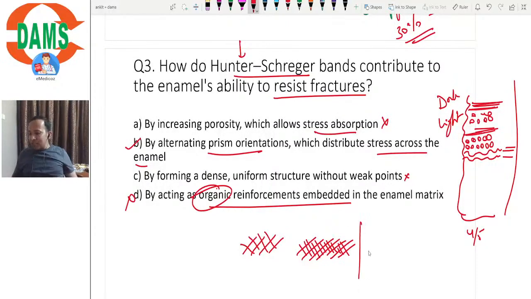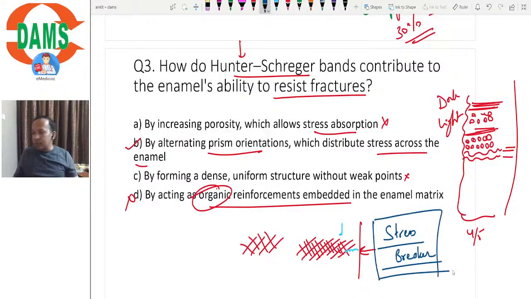Whenever a stress or a mechanical force is applied to the surface, there might be formation of a crack, but this crack won't travel to much depth into the enamel because of this crisscrossing pattern. So it acts as a stress breaker. How does it act? It acts like a stress breaker, right? Is it understandable?